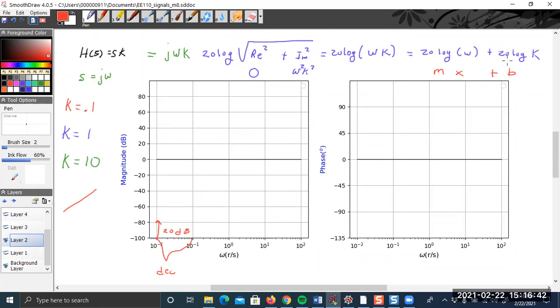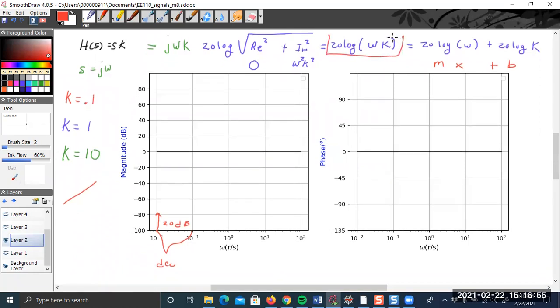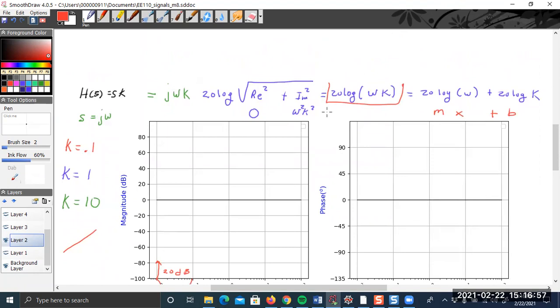And then whatever the gain is going to shift that line up and down. But really, if I look here, what's easy to do is find where it will be 0 dB.